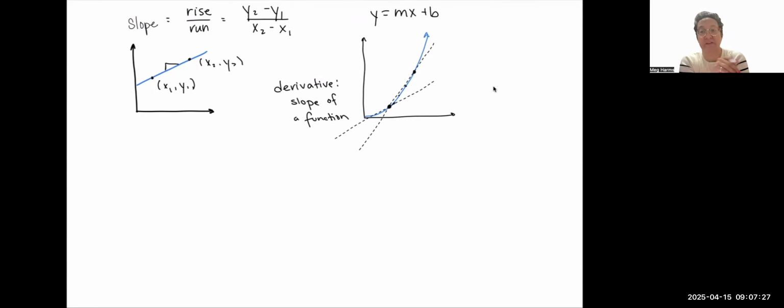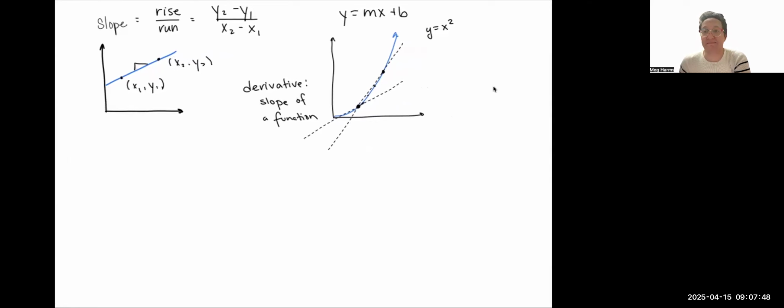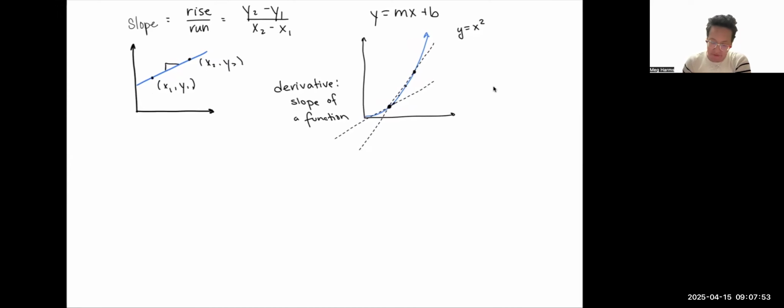So I'm going to do a fairly straightforward mathematical proof for this graph, which is y equals x squared. If you are in calculus, obviously you will have done this for other graphs, and that's great. But today I'm just doing y equals x squared.